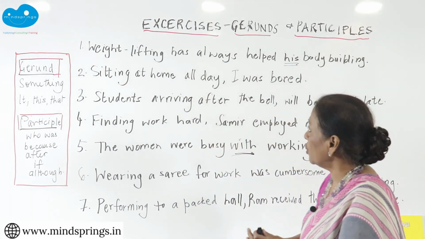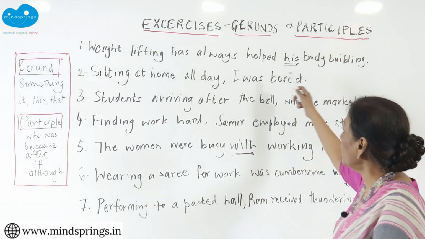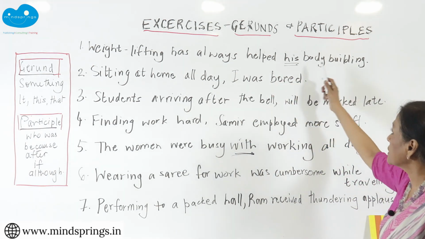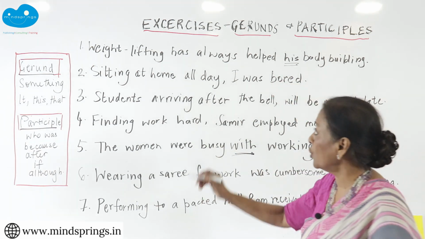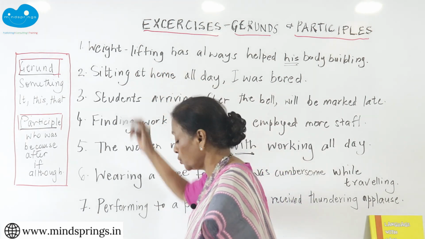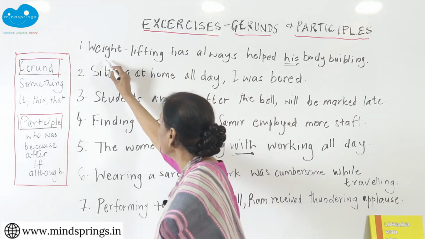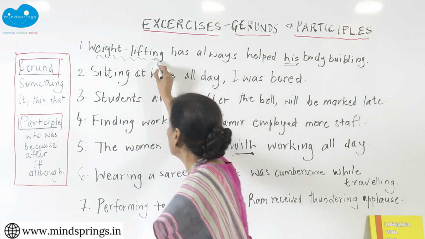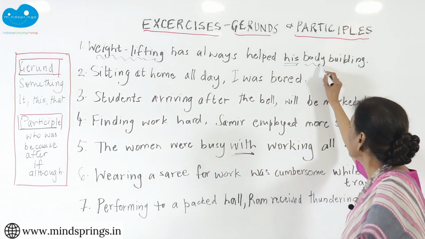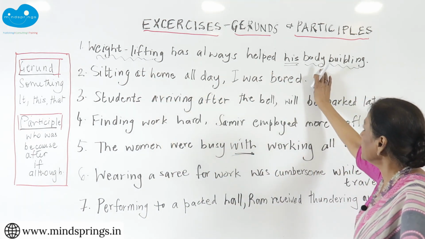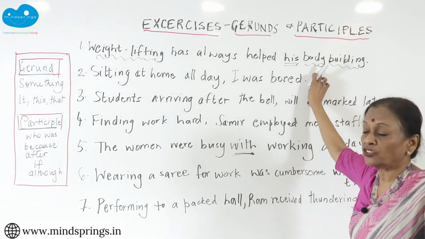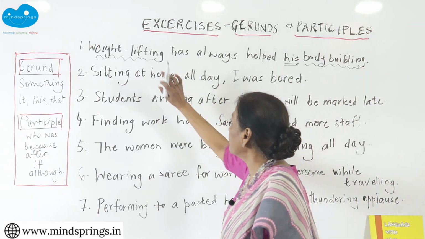So, the first one I have got there is "weightlifting has always helped his bodybuilding." So, you have got two ing words here, one here and one here. Now, we already said that "his bodybuilding" is a gerund, but what about weightlifting?